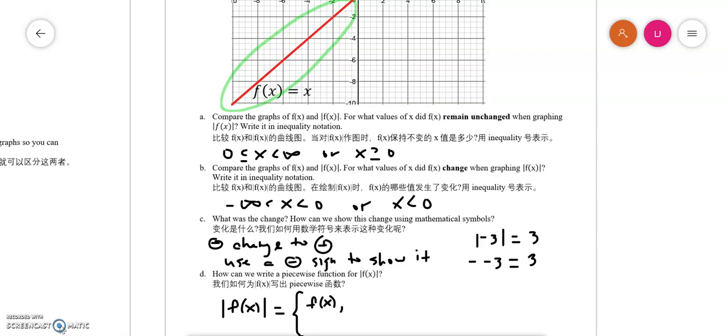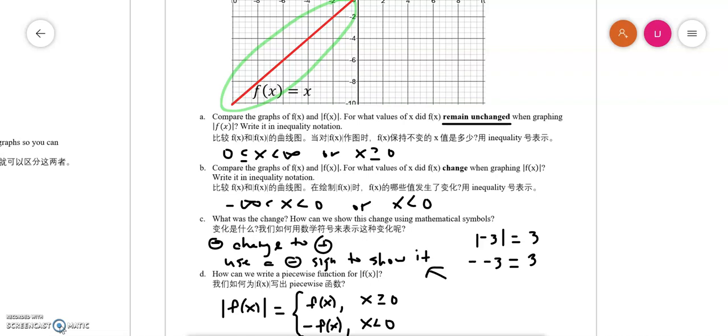So where was this? The unchanged part was that first question we answered. So let's use that domain. X is greater than or equal to 0. Versus it changes in the other section. And remember, one way to show that this change happened, that this reflection happened, is with a negative sign. So we have negative f of x when x is less than 0.